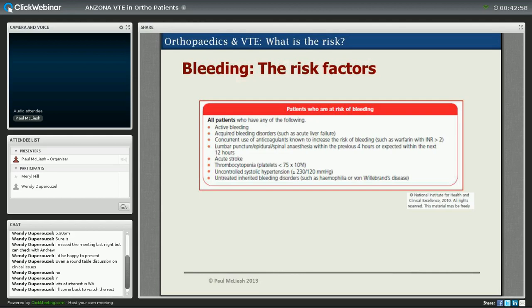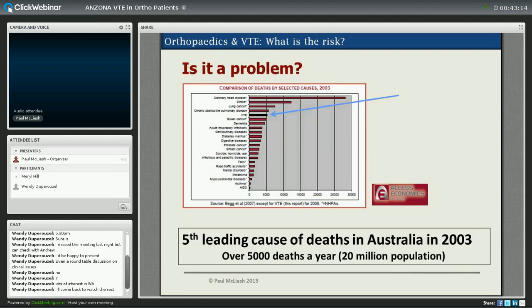If they've had a stroke, they've got thrombocytopenia, uncontrolled hypertension, and other inherited bleeding disorders, that's obviously a really high risk for bleeding as well. So when we're deciding how to treat those patients, we need to take that into consideration as well.